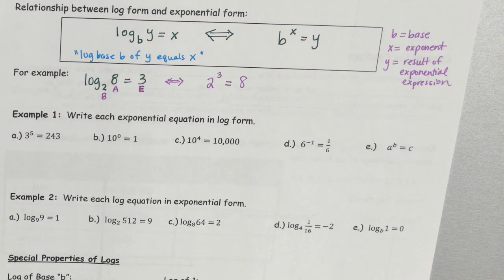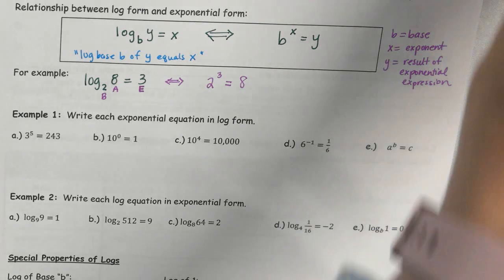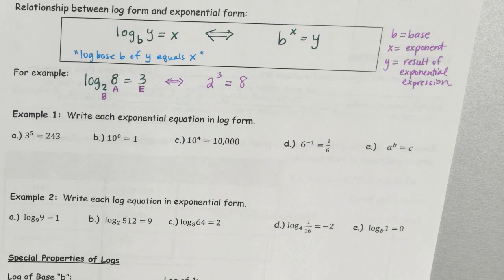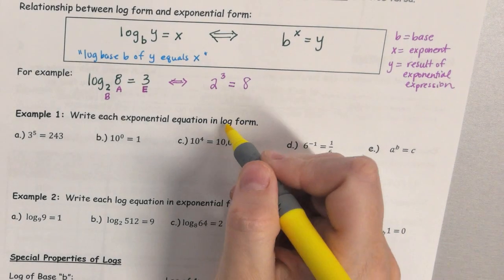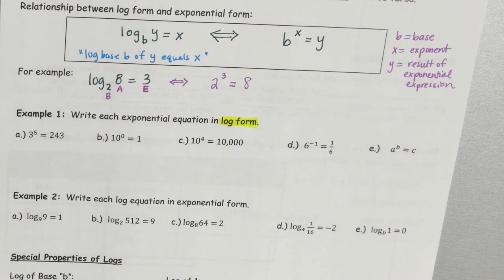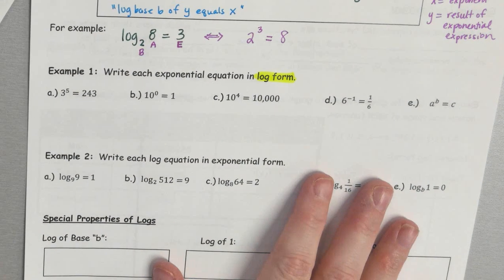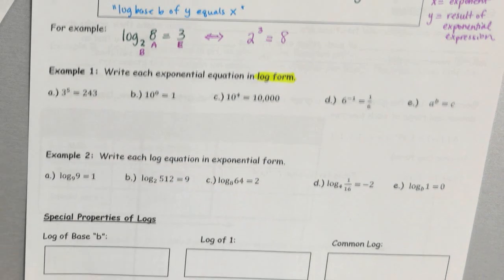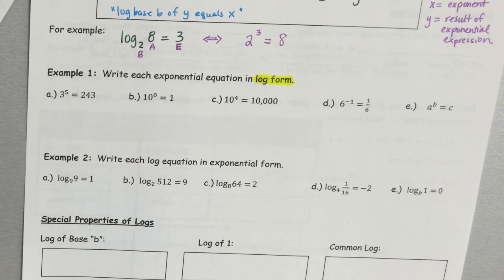Alright, so for example 1, you're going to write each exponential equation in log form. Guess what? You've already done that today, so I'm very confident that you could do many of these without me. I am going to show you something different for B and C. So for A, it's 3 to the 5th equals 243. Doesn't that look like what we did on our warm-up page?